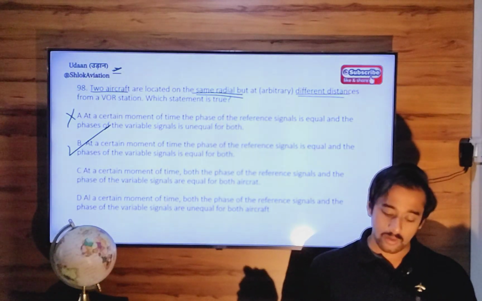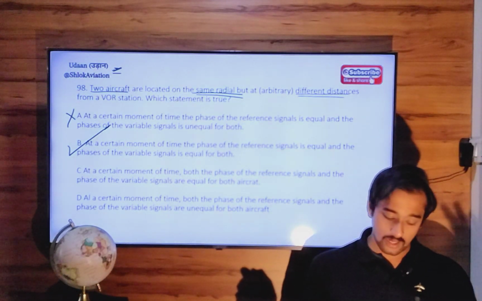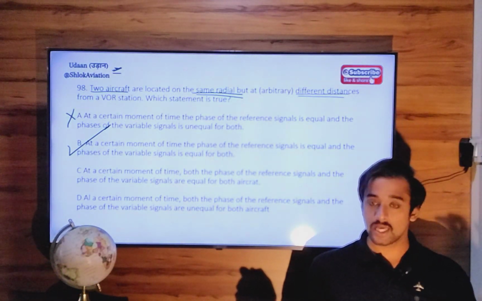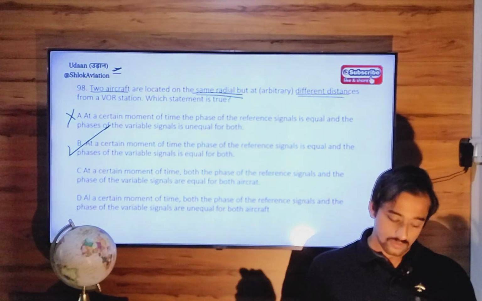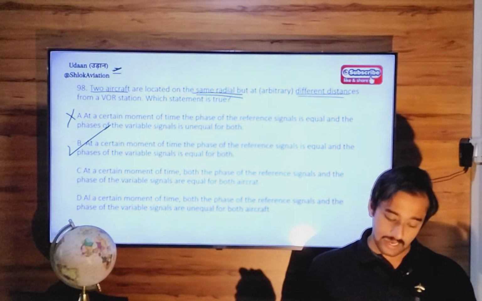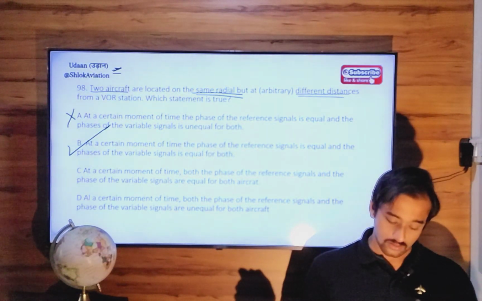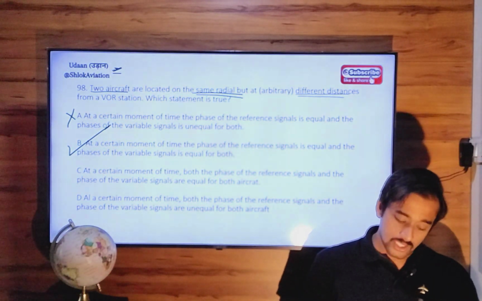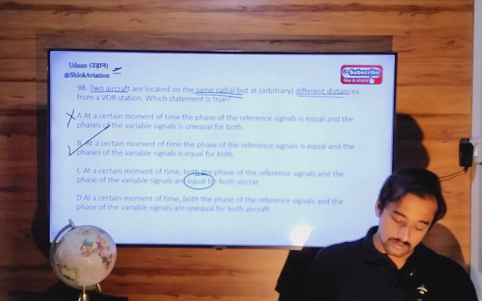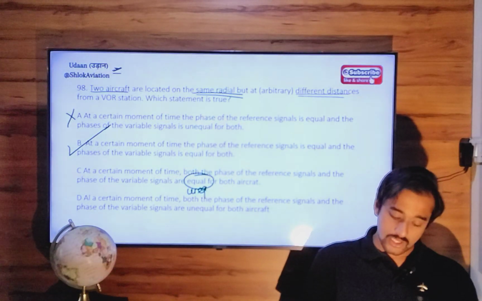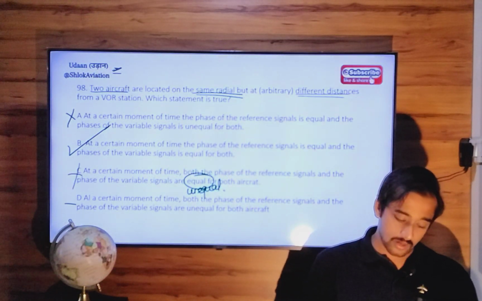Charlie: at a certain moment of time, both reference signal and variable signals are equal for both aircraft. This is wrong, this should be unequal. That is wrong, and Delta will also be wrong.